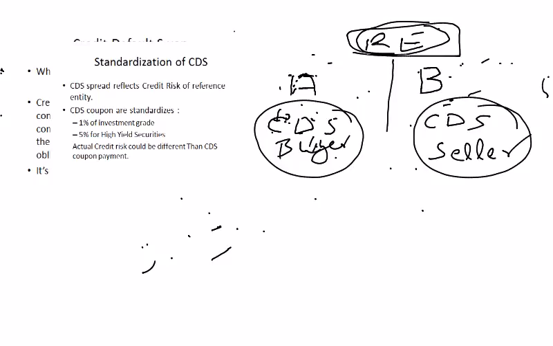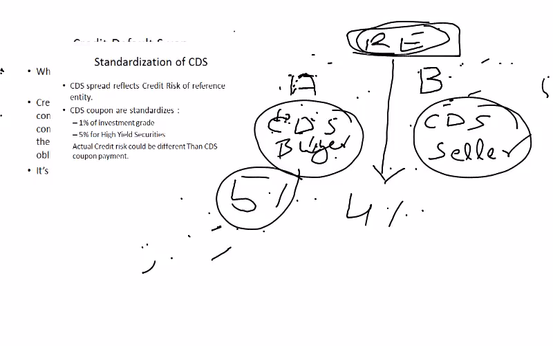Now let's say the reference entity has a credit risk of 4%, but the CDS coupon payment for high yield security is 5%, which means A, the protection buyer, is paying 5% to B, but the credit risk is only 4%.